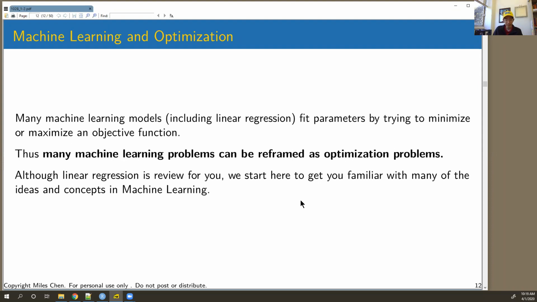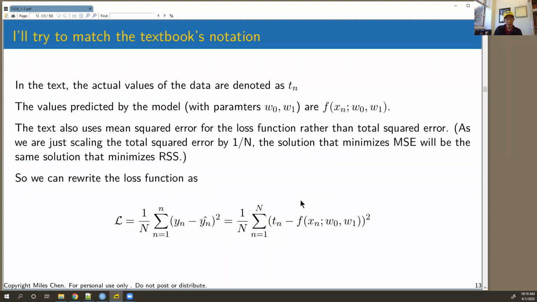And although this linear regression material is review for you, I think it's a good spot for us to start to introduce a lot of concepts in machine learning. So that's what we have here. I'm going to try to match the textbook's notation. I know not all of you have the textbook, but please do try to get yourself a copy of the textbook.